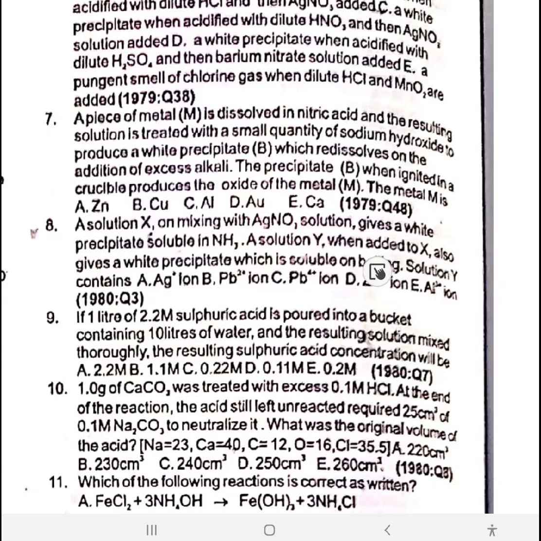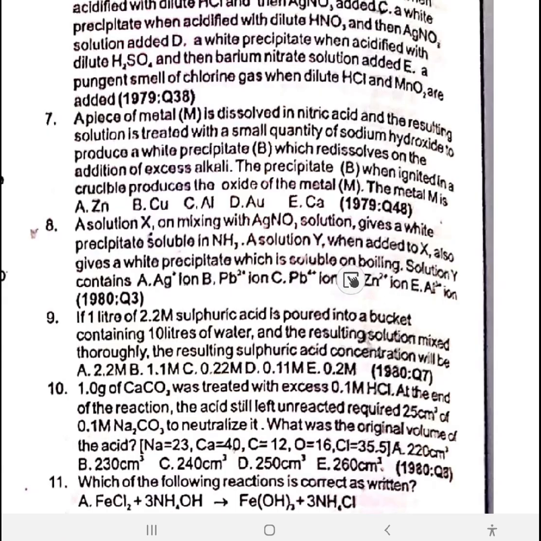They tell you it is lead. So solution Y contains lead ion. Both of them test for chloride, whether you use lead or silver, you get a precipitate. But lead chloride is soluble when hot and insoluble when cold.